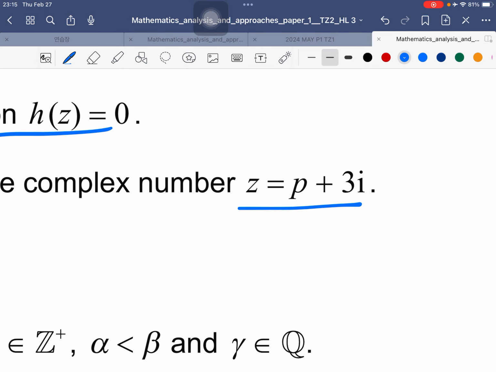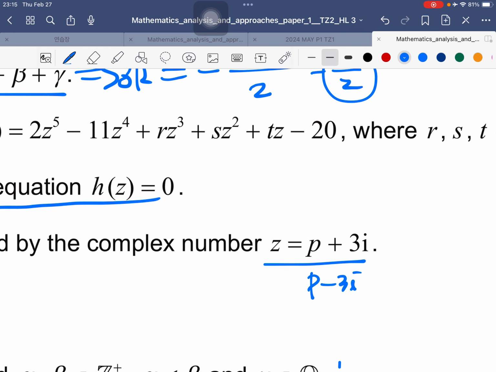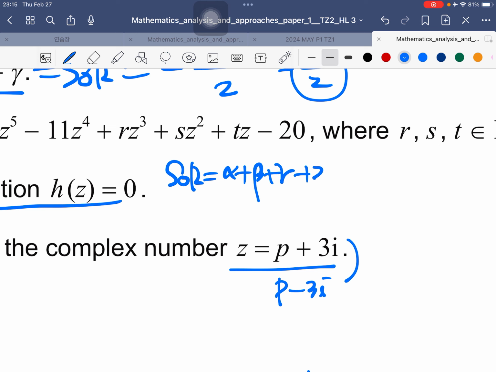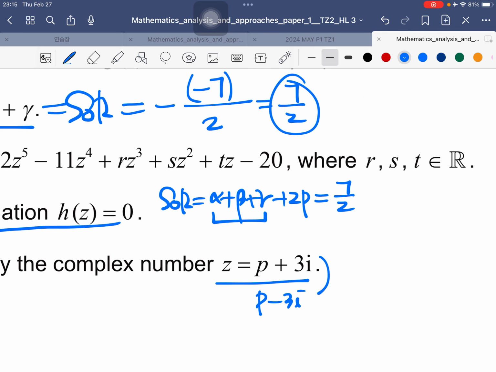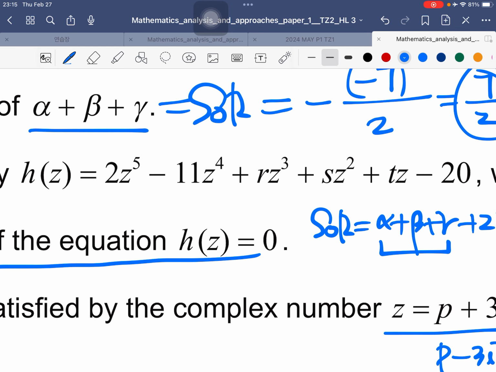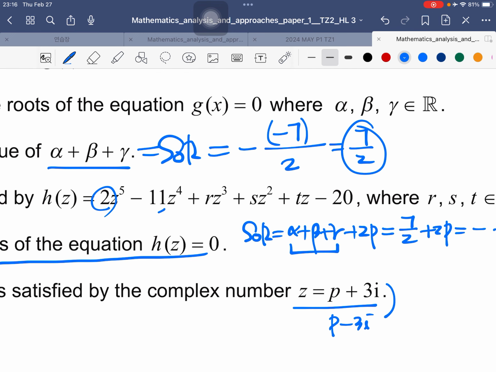The other root must be p minus 3i, because complex roots always exist in conjugate pairs. So the sum of roots, alpha plus beta plus gamma plus these two numbers, the 3i cancels out, plus 2p, equals 7 over 2 plus 2p, which equals minus the coefficient of the second highest degree, minus 11, over the highest degree, 2.